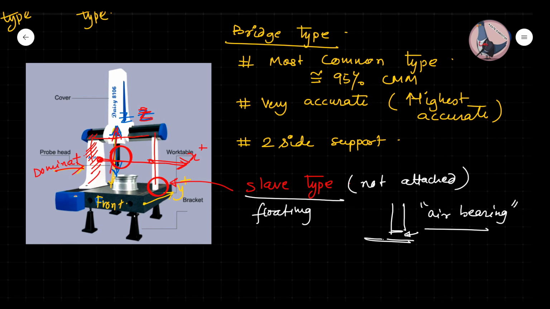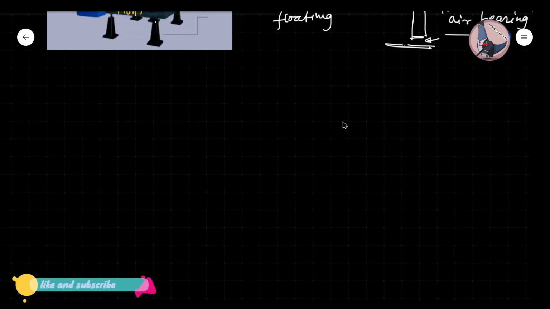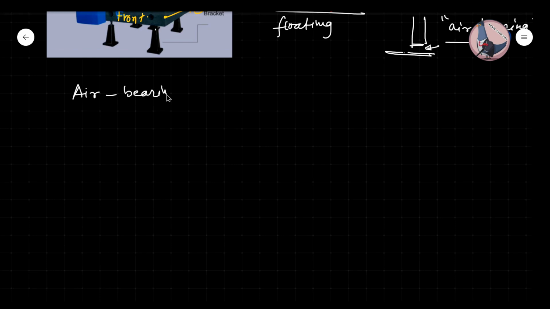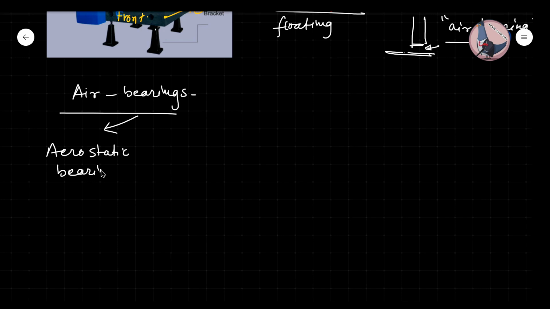And the reason being, now this air bearing is also of two types. I will tell you this in a little bit more detail. These air bearings are of two types in general. One is your aerostatic bearing and another one is your aerodynamic bearings.